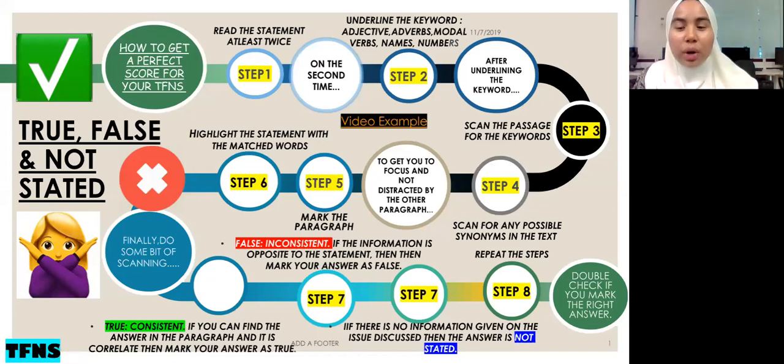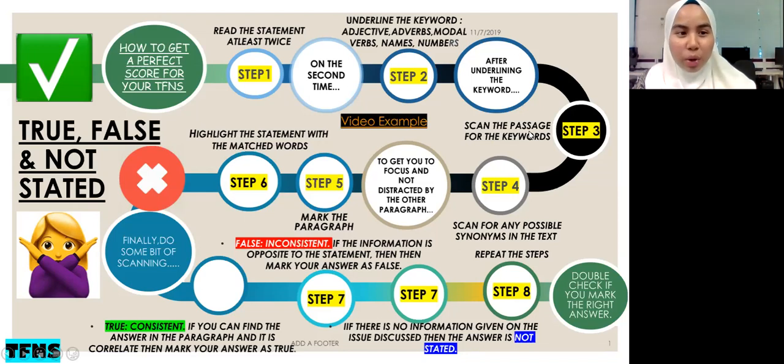What I meant by keyword is that you can underline the adjectives, adverbs, modal verbs, names or numbers that are included in the statement. After you are done with underlining the keyword, you can scan the passage for the keyword.